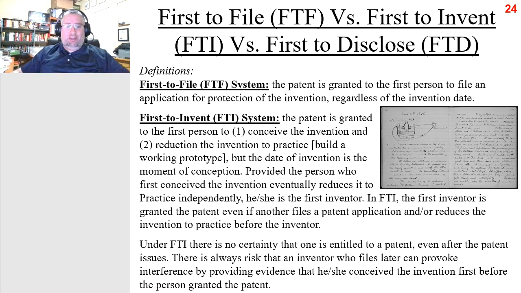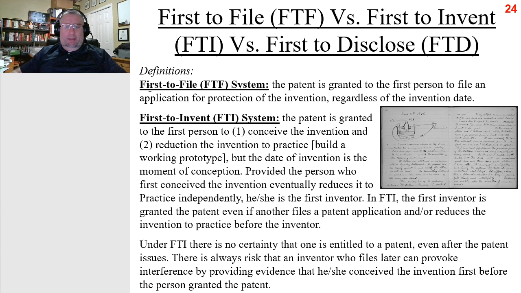And it turns out that the U.S. changed from one type of system to another type of system in 2013, which is a relatively recent change, which now changes the way that we have to do a lot of things with respect to the development of technology. So let me just define these for you and then give you a little bit of background.